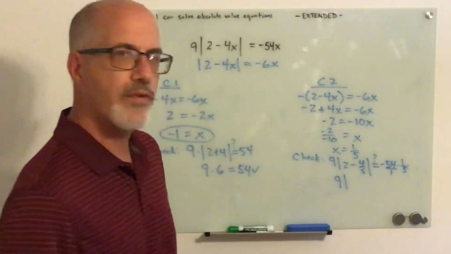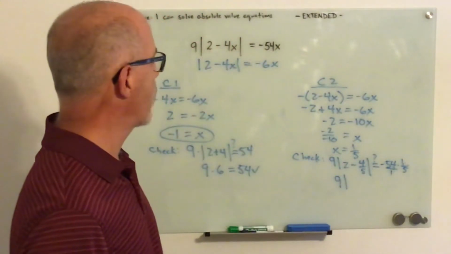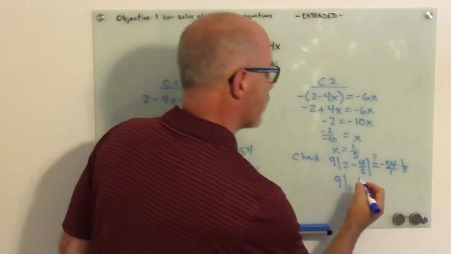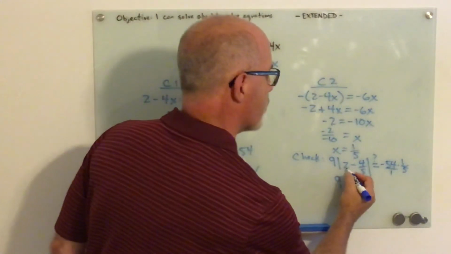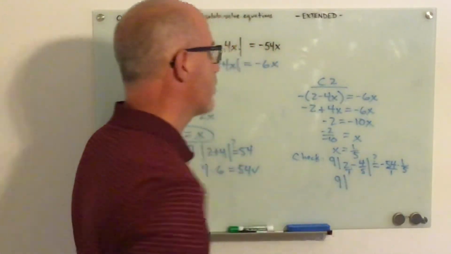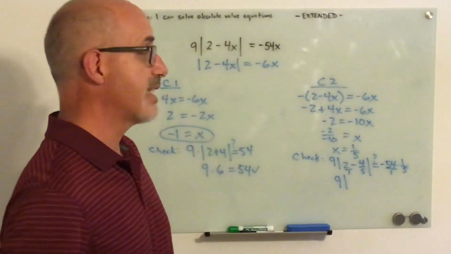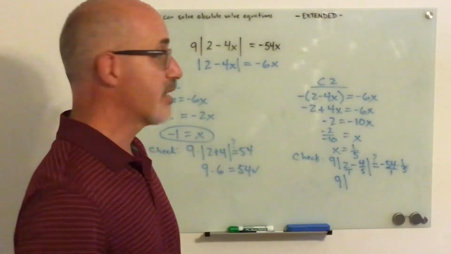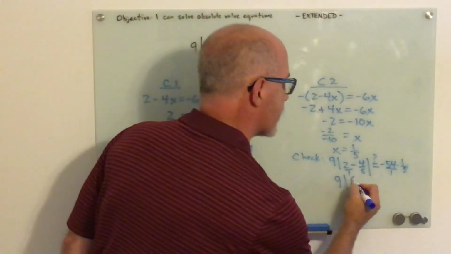2 minus 4/5, thinking of 2 as 2 over 1, gives me a total of 10/5 minus 4/5, which gives me 6/5.